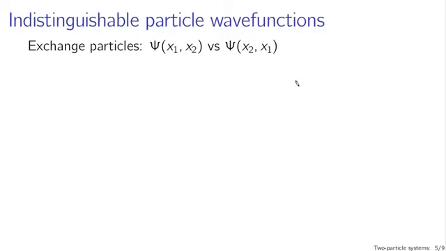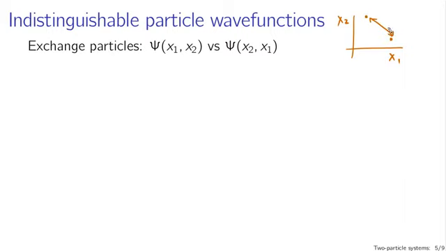So how do we write a wave function for indistinguishable particles? The key fact is what happens if we exchange the particles. The wave function for particle 1, particle 2 versus the wave function for particle 2, particle 1. Exchanging the positions at which we evaluate coordinates is essentially, if you think back to that plot I was making earlier of x1 and x2, implying a degree of symmetry between this point and this point.